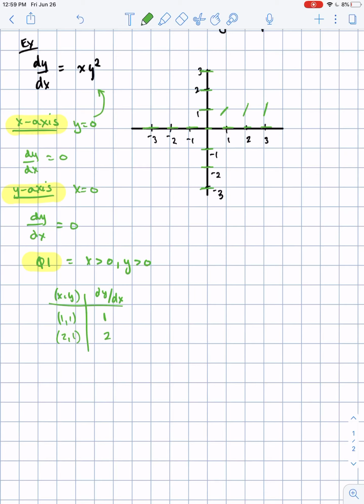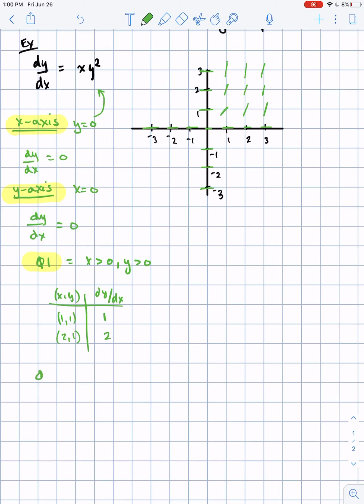So you can see as you start plugging in, 1, 2 you would have a slope of 4 and then a slope of 9. So that's almost vertical. And as you go along, you can see that these slopes are just going to get steeper and steeper here. So just try to exaggerate as best you can. It doesn't have to be perfect.